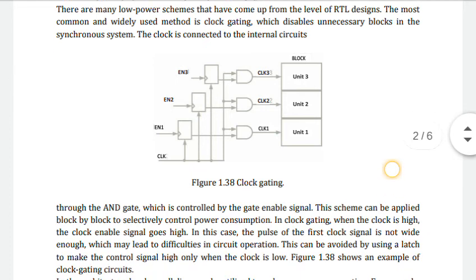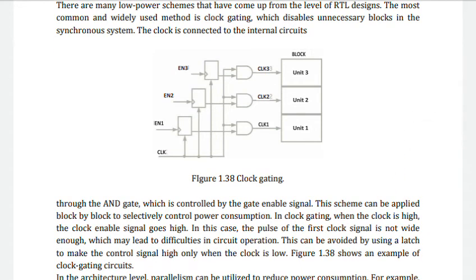When the clock is high, the clock enable signal goes high. In this case, the pulse of the first clock signal is not wide enough, which may lead to difficulty in the circuit operation. This can be avoided by using a latch to make the control signal high only when the clock is low.